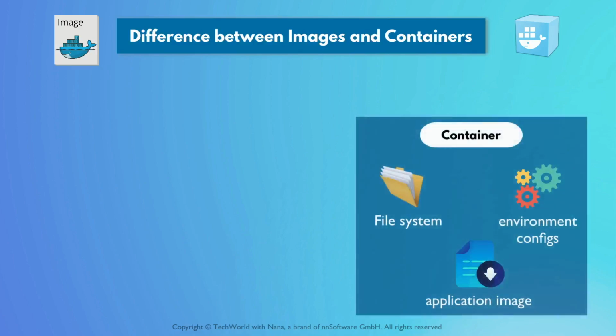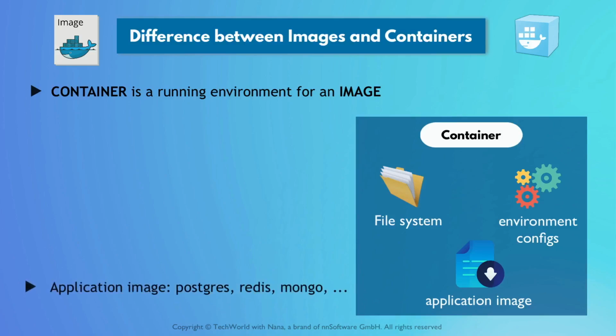To see theoretically, container is just a part of a container runtime. So container is the running environment for an image. So as you see in this graphic, the application image that runs the application, it could be Postgres, Redis, some other application, needs, let's say, a file system where it can save the log files or where it can store some configuration files.